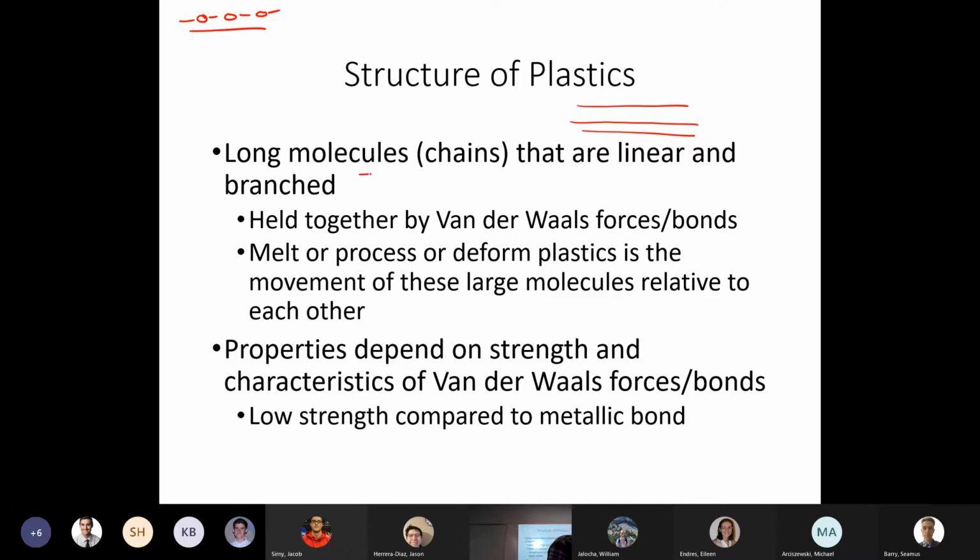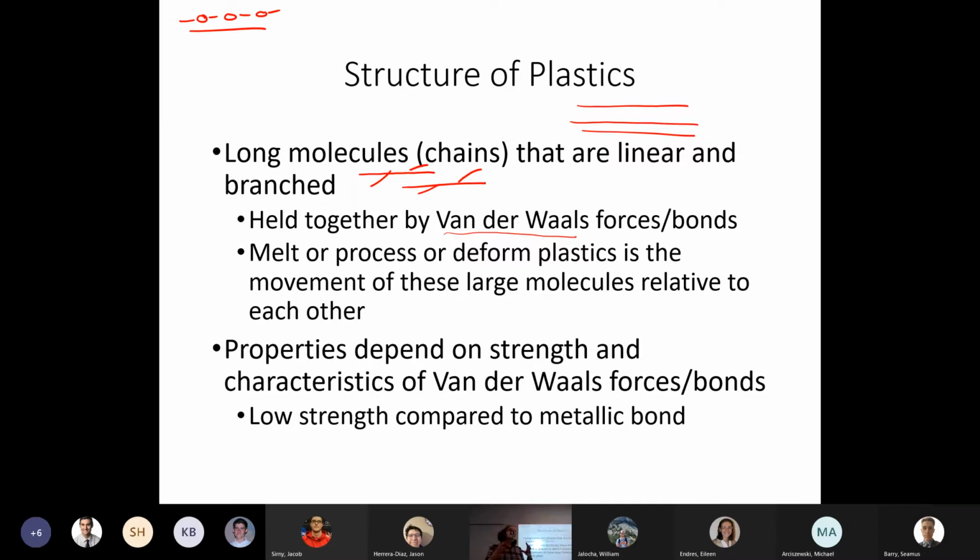They're either going to be linear or branched, where we do have branches that come off the main polymer. So that means that the actual properties are these van der Waals bonds or forces. I say bonds. In materials, we say bonds. My chemistry friends often say forces. So if you remember, these van der Waals bonds or forces are the positive portion of a molecule being attracted to the negative portion of a molecule, either the same molecule or a different molecule.